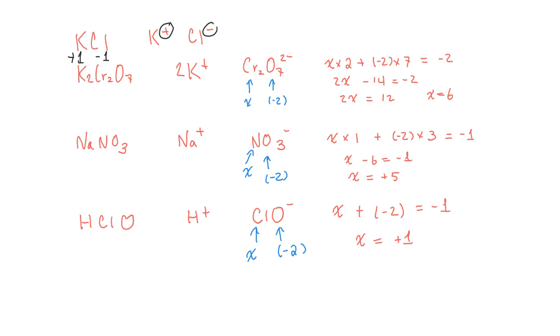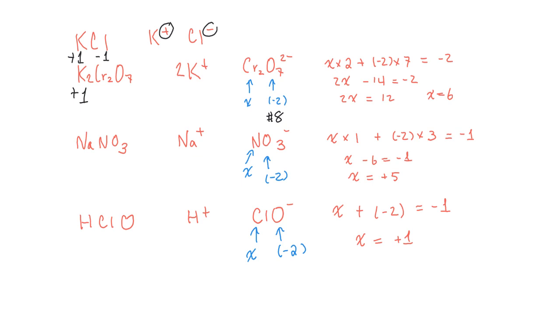The charge of potassium will become the oxidation number for potassium. And now that we have dichromate, we have to find out the oxidation numbers for chromium and oxygen. According to rule number 8, the oxidation number of oxygen is -2.